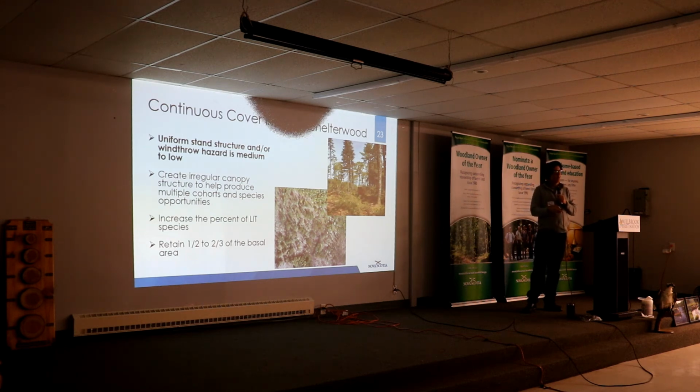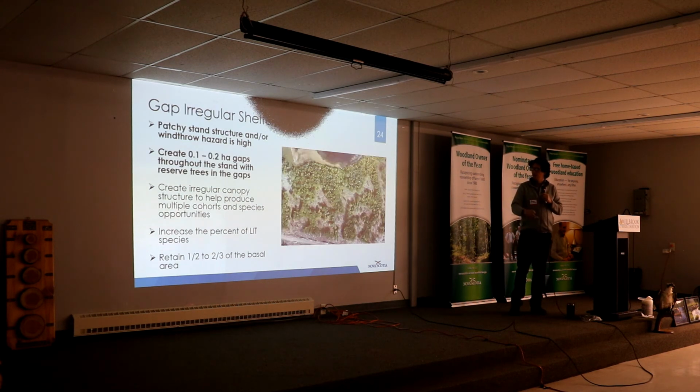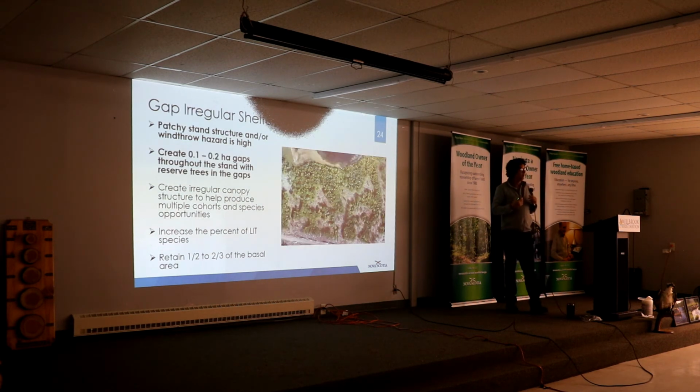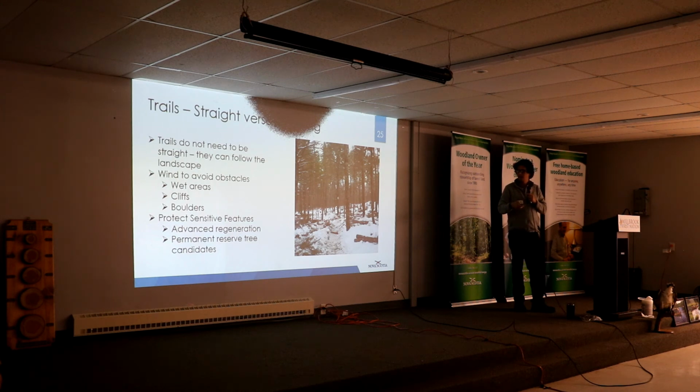And the other piece that we consider here is the stand structure and how patchy it is and how vulnerable it is to wind disturbance. And for less vulnerable, more uniform stands, we'd look at a continuous cover irregular shelterwood here. And for more wind-exposed and vulnerable to windthrow forest, or patchy forest as well, we'd look at a gap irregular shelterwood.